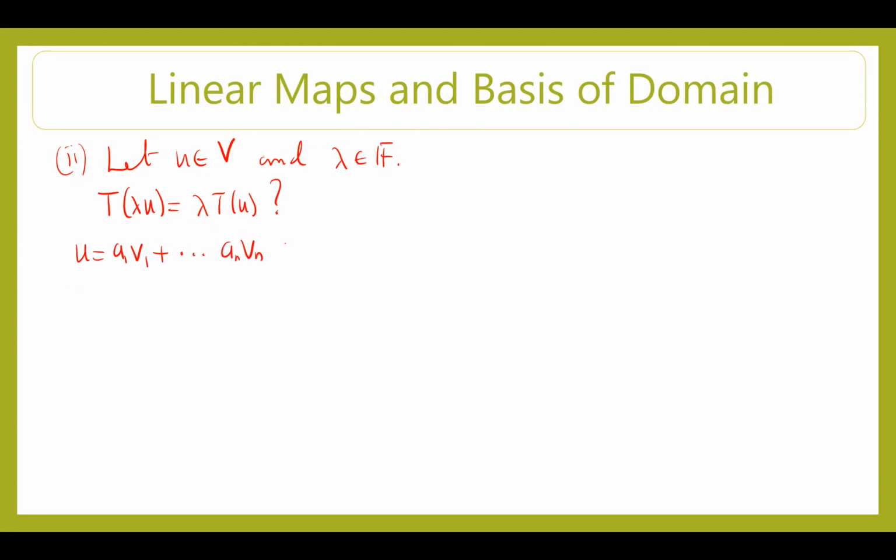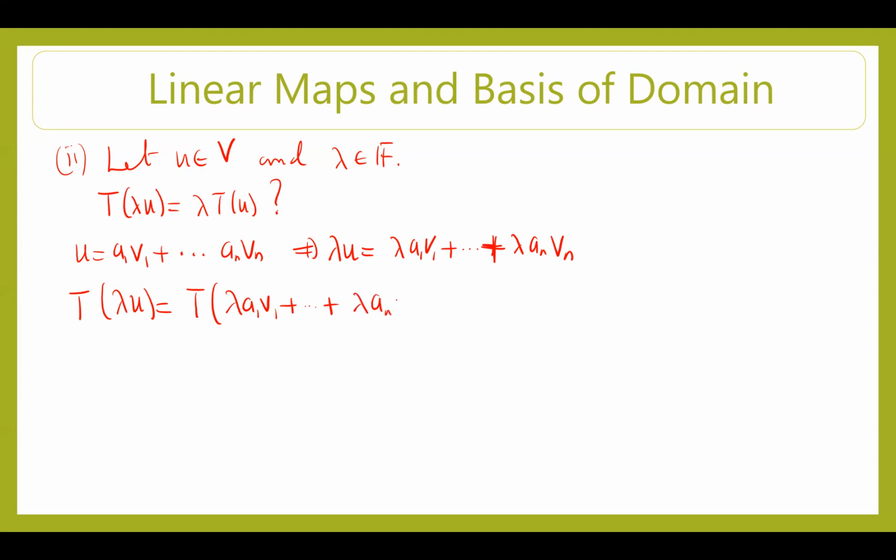Now when I apply lambda, lambda U will be lambda A1 V1 plus all the way to lambda AN VN. So if I apply T to lambda U, it is the same thing as T of lambda A1 V1 all the way to lambda AN VN.